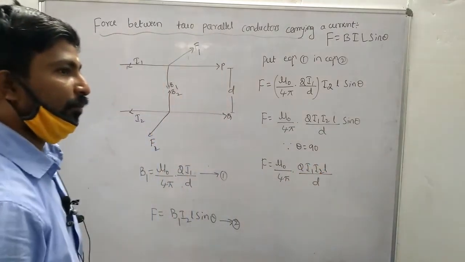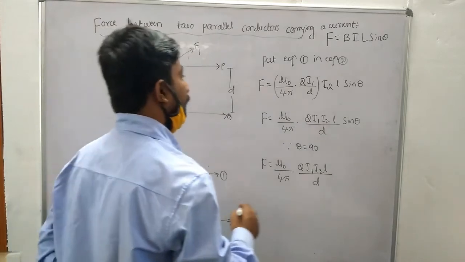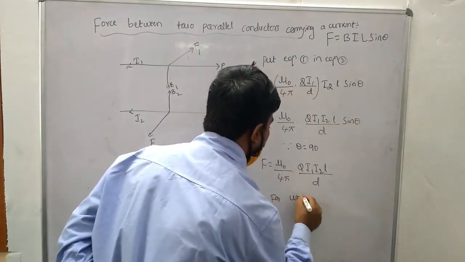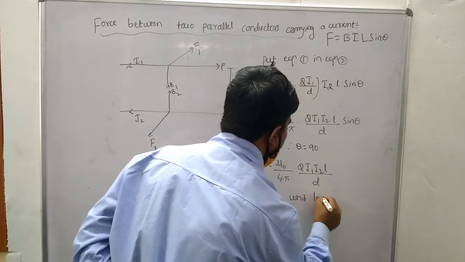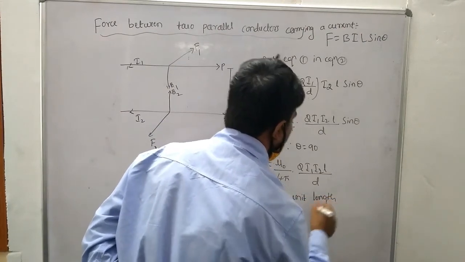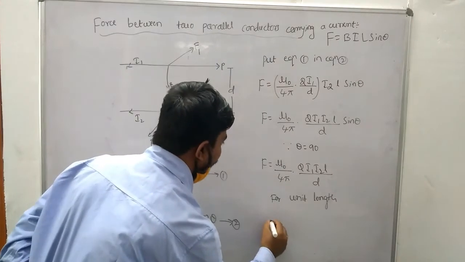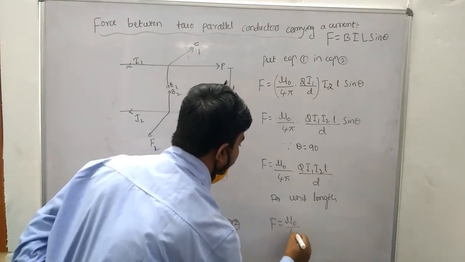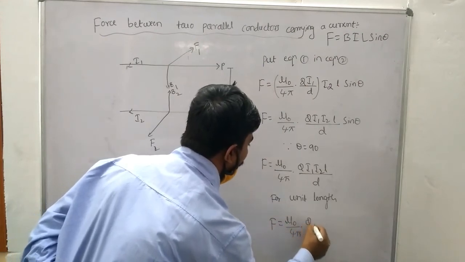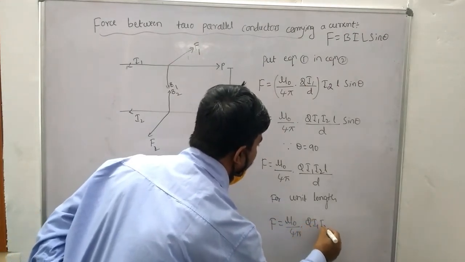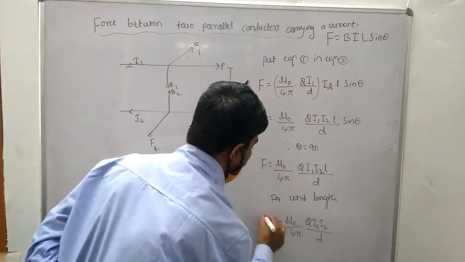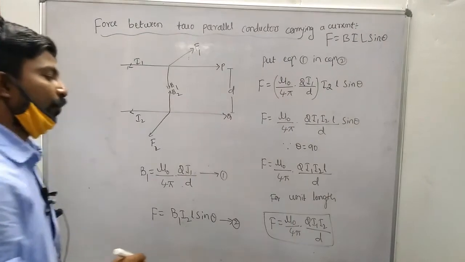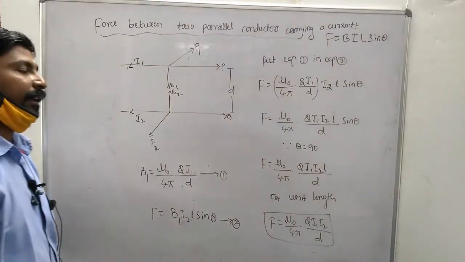For unit length of the conductor, L is equal to 1, then finally F is equal to μ0 divided by 4π into 2I1 I2 divided by d. So this is the derivation of an expression for force between two parallel conductors carrying a current.